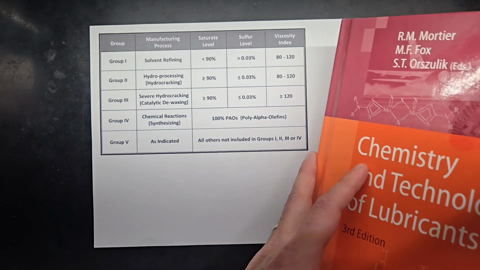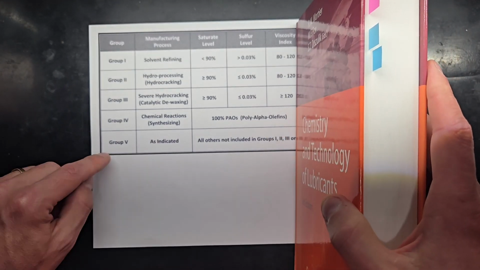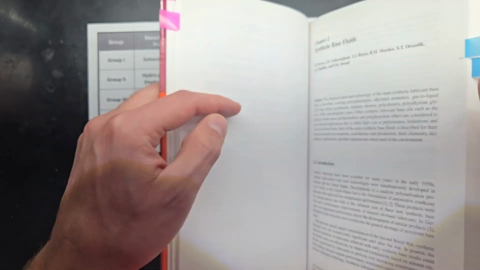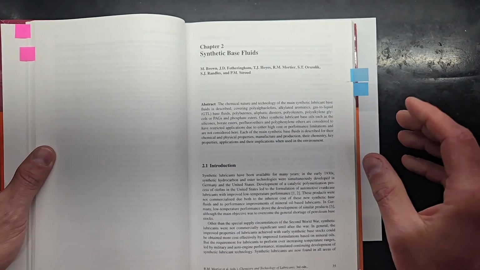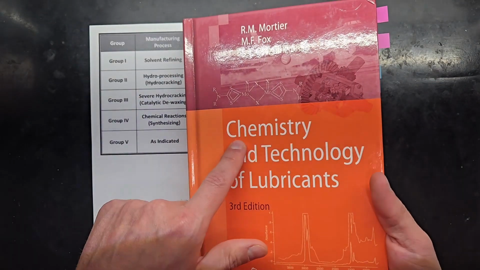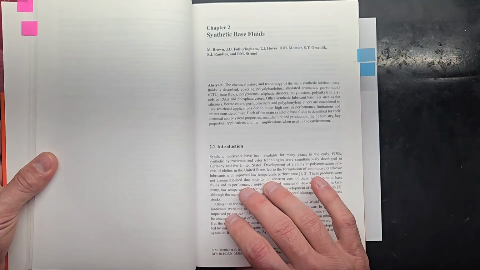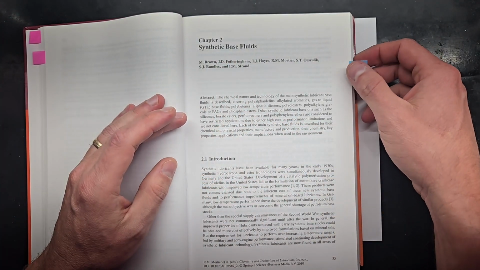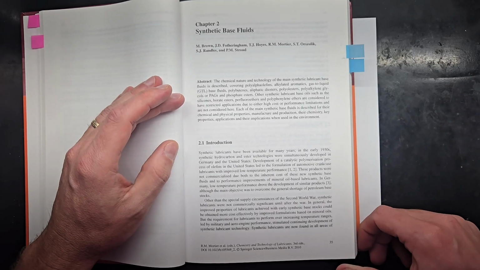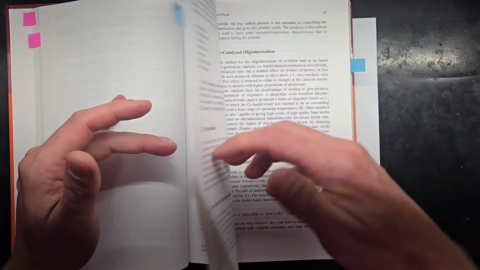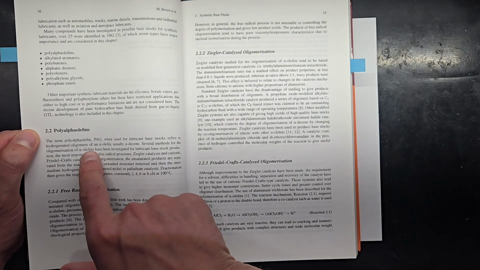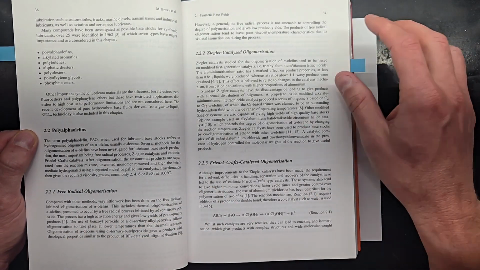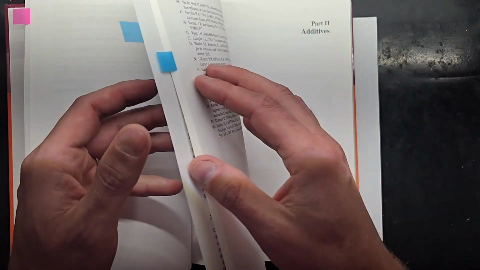To highlight how broad this Group 5 category is, we can come back to Chapter 2 of Chemistry and Technology of Lubricants. This is our chapter on synthetic base fluids. We start on page 35. We actually begin with our PAOs, our Group 4, and then we really start transitioning into our Group 5s.